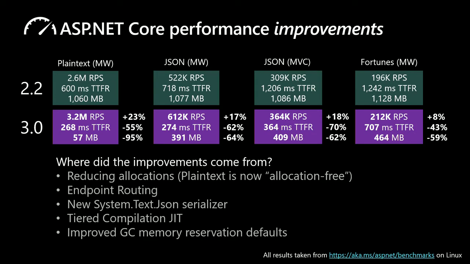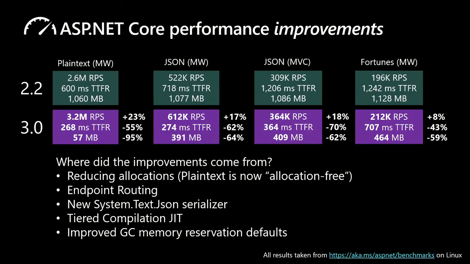Now, how did we do that? Where did these gains come from? Well, reducing allocations was a big part of this. The plain text benchmark is now completely allocation free. There are no allocations done as part of that benchmark other than the initial set. We did a bunch of improvements to the routing system in .NET Core 3.0 through endpoint routing, which is much faster. We have a new serializer in .NET Core 3.0, System.Text.Json, which accounts for a big chunk of those performance improvements in the JSON benchmarks.